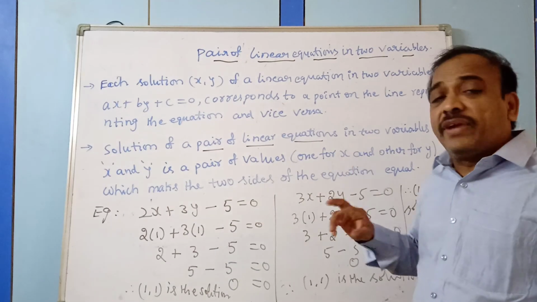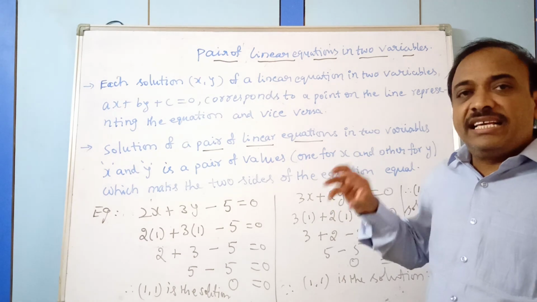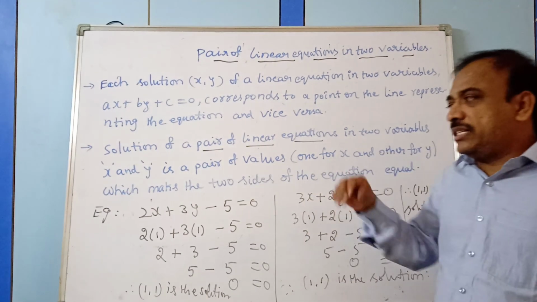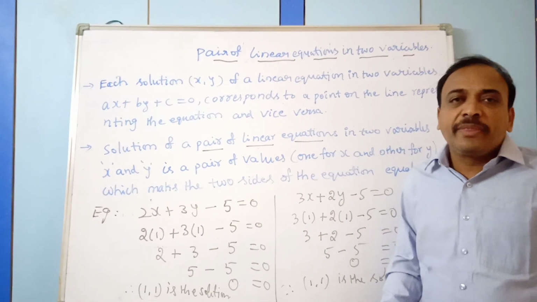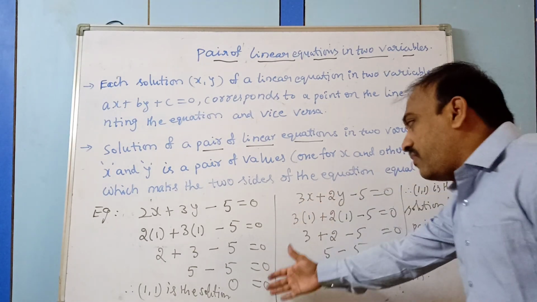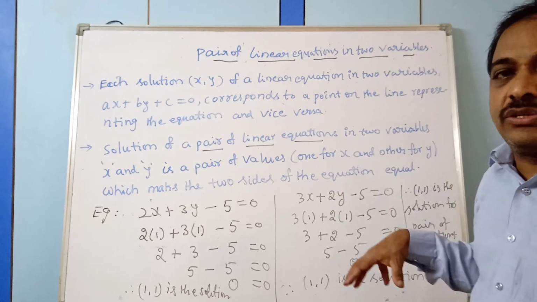We will discuss what type of methods and how to obtain the solutions. Here 1 comma 1 is the solution. I just explained with an example what exactly the solution is.